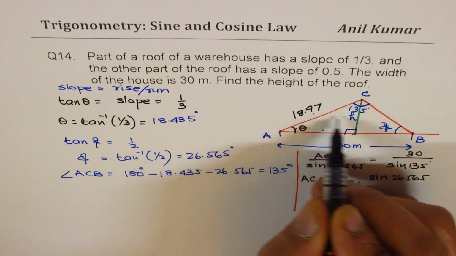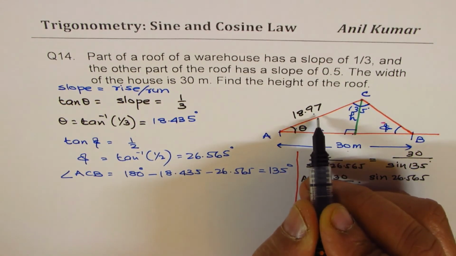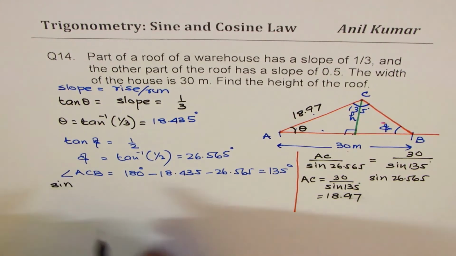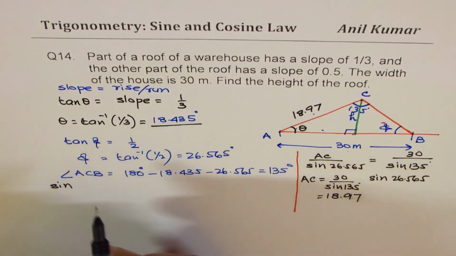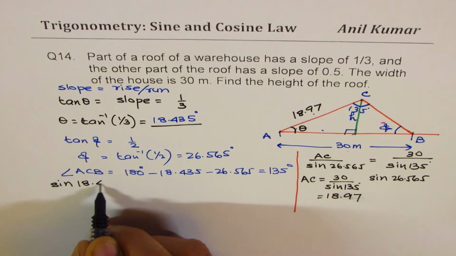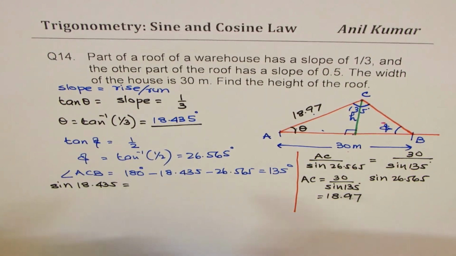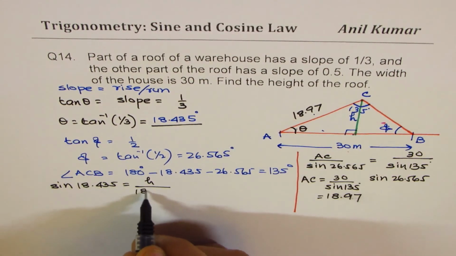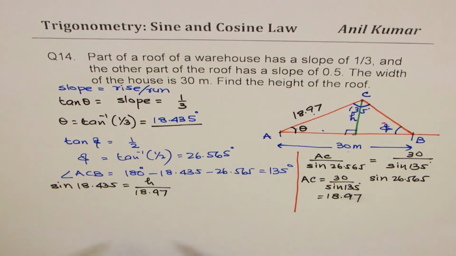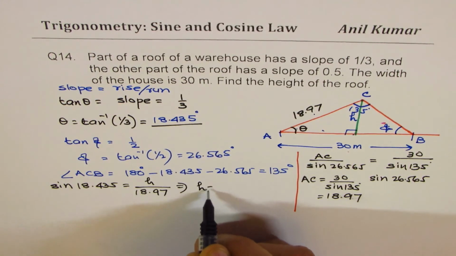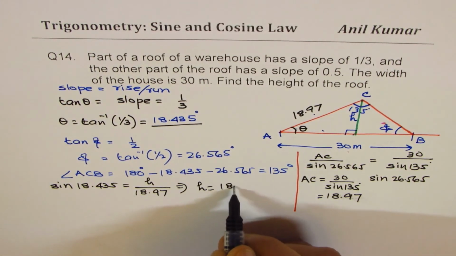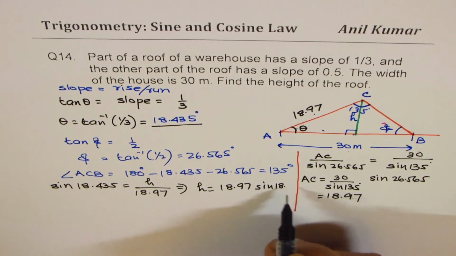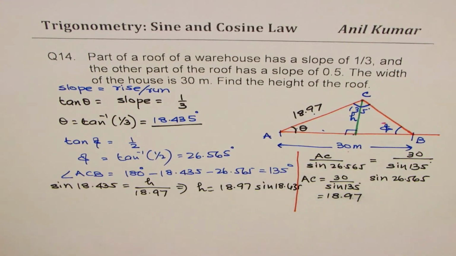Now once we know AC and when we know this angle theta, then we can find height. So this ratio relating height and hypotenuse is sine. So we can write sine theta, and theta is 18.435, is equal to height divided by AC, which is 18.97. So that gives you the height as equal to 18.97 times sine of 18.435, correct?